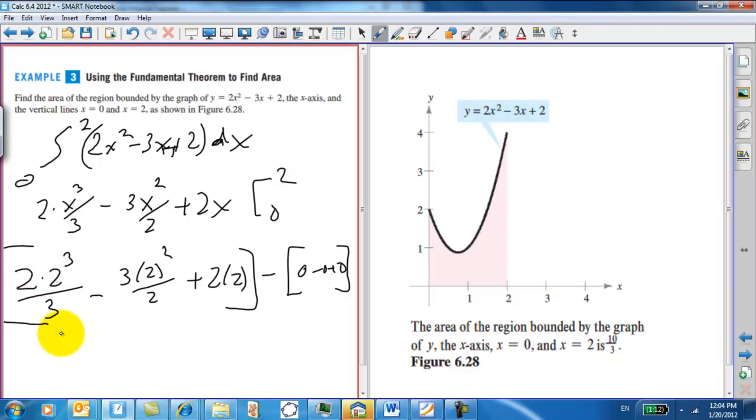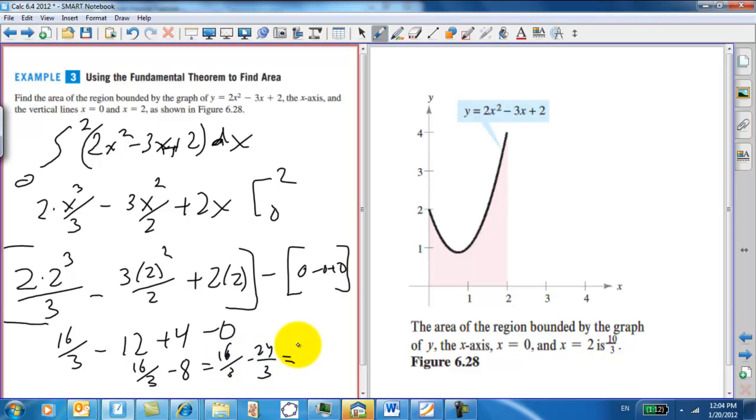So we get 16 thirds minus 12 plus 4 minus 0. So that's 16 thirds minus 8, which is 16 thirds minus 24 thirds, which is minus 8 thirds.